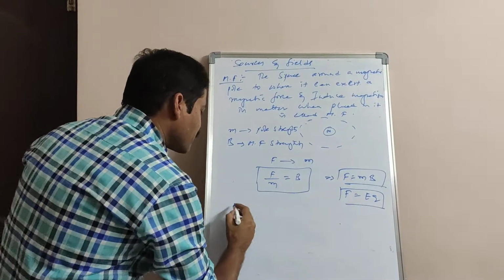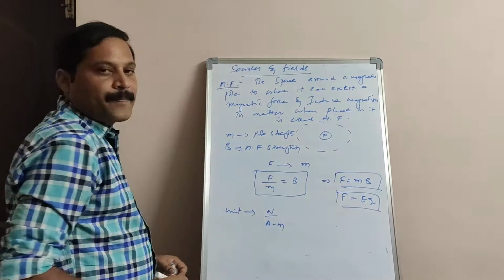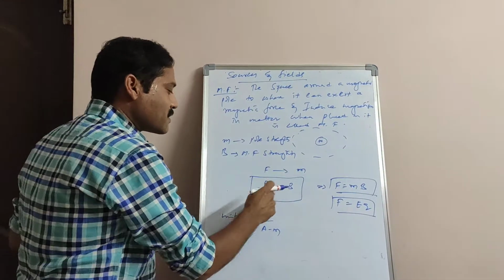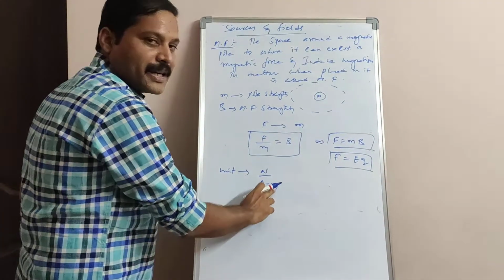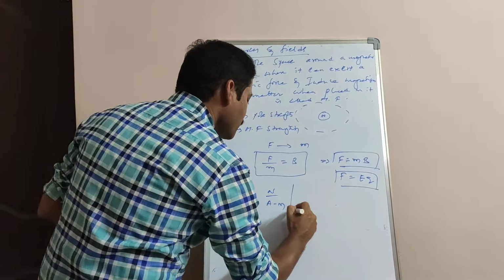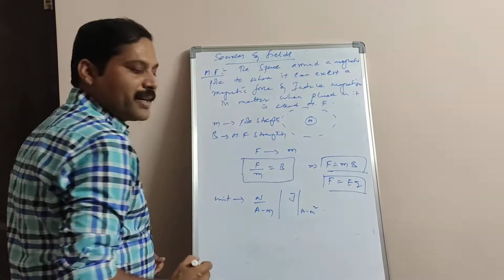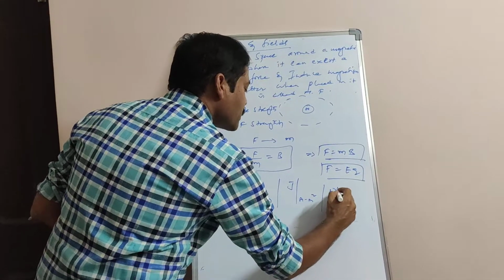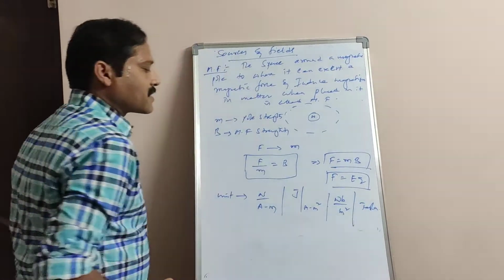And magnetic field strength can be measured in the unit of Newton per ampere meter. So we will discuss this pole strength in the magnetism chapter. The unit of pole strength is ampere meter. So this can be measured in the unit of Newton per ampere meter, or in joule per ampere meter square, or in Weber per meter square, or in Tesla.